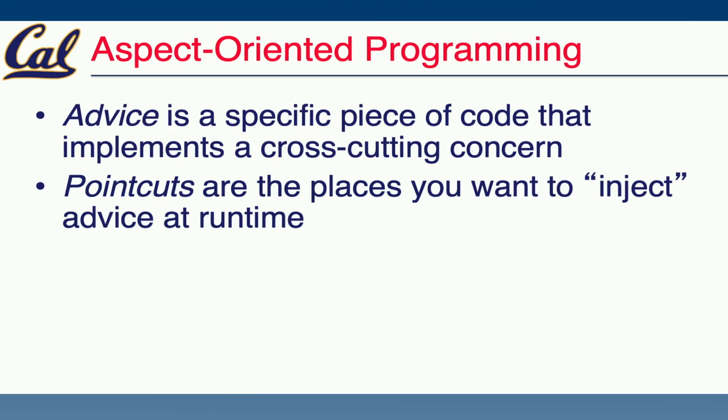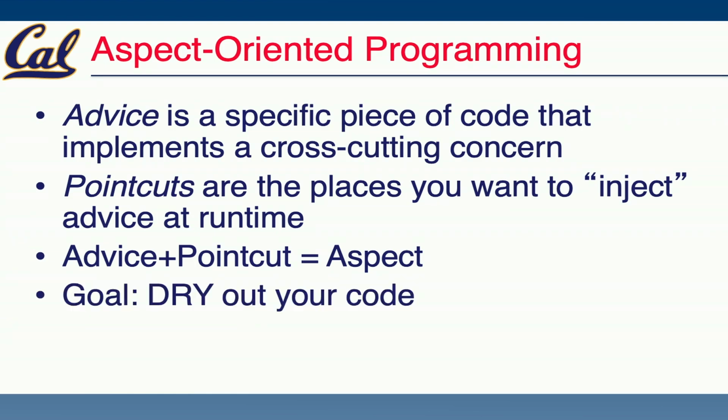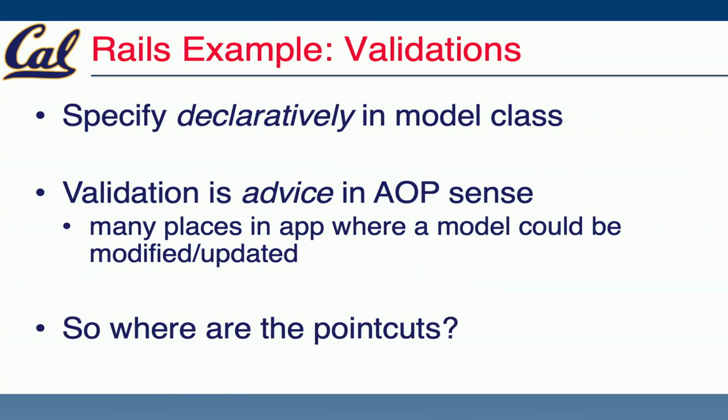If we say, I want to validate some behavior about a movie, there are multiple pointcuts in our app where Rails as a framework injects that behavior. Together, this combo is what we call an aspect, or a behavior of our program that will flow through multiple places in our code. The goal here is to dry out our code, but to do so in a safe manner. We'll look at a few Rails examples in the next segment.